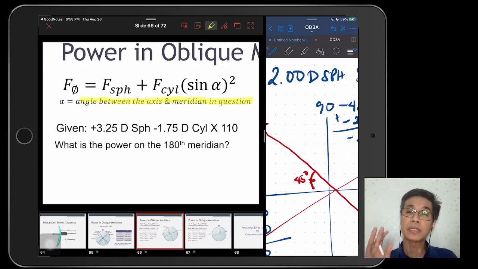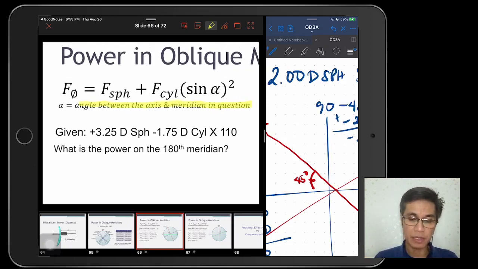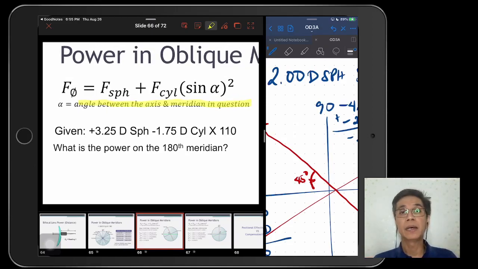Pero kung hindi siya isa sa mga yun, anong mangyayari? Kailangan natin gamitin itong formula na ito. Take note, yung sign ng alpha dito should be taken first bago natin i-square. Bago kayo mag-square, kuhanin na lang muna yung sign ng angle alpha.